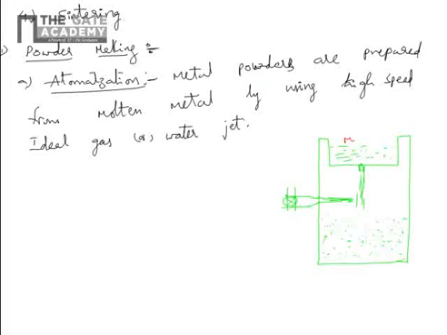This is the molten metal, and this one is the inert gas jet. We use inert gas because it won't react with the metal, which is one advantage. Sometimes we use water because inert gas may be costly. This is one of the simplest methods. Another method is chemical reduction.